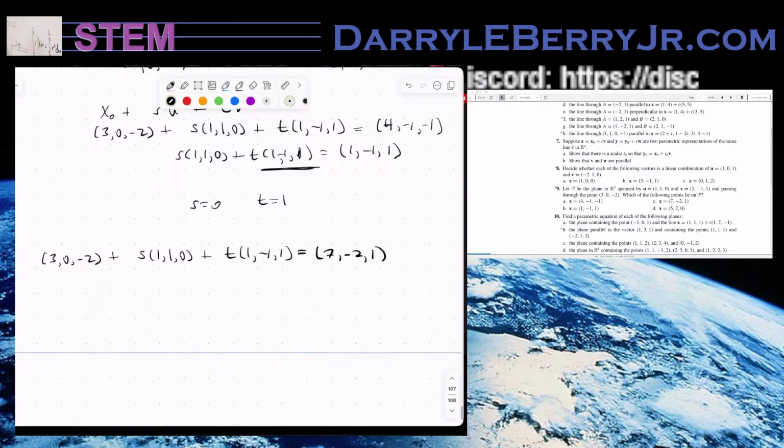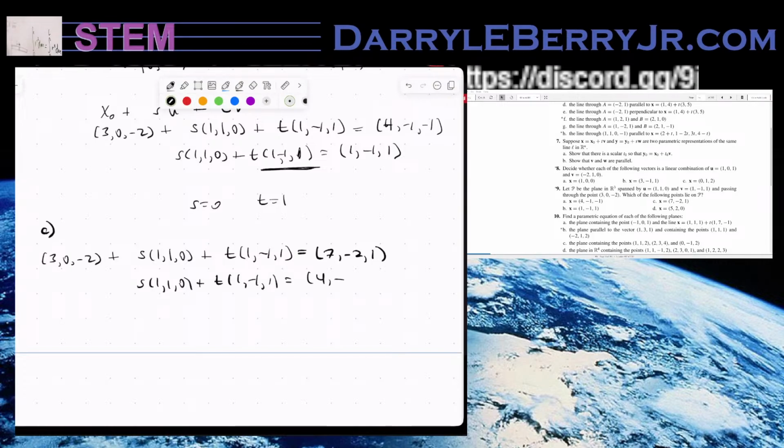Should be that's C. So C is this. So same thing. S(1, 1, 0) plus T(1, -1, 1). And that's going to be (4, -2, 3). So now we have to solve this.